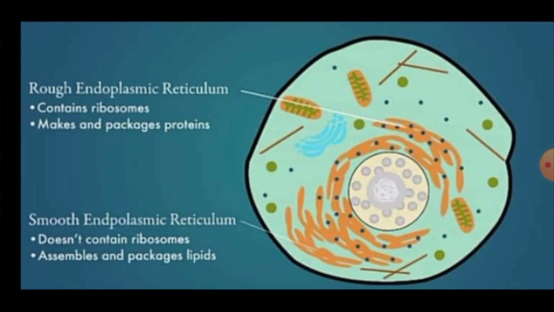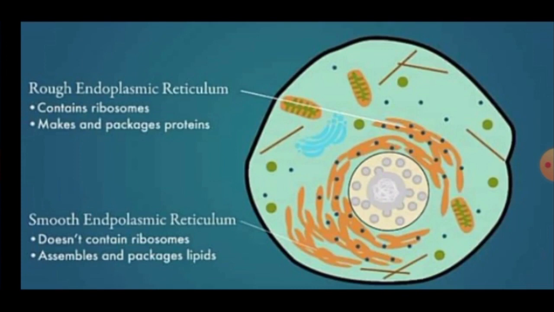Now, what are lipids? Lipids are molecules that contain hydrocarbon and make up the building blocks of the structure and function of all living cells. Examples of some lipids are oils, fats, waxes, certain vitamins like A, D, E, K, and hormones.